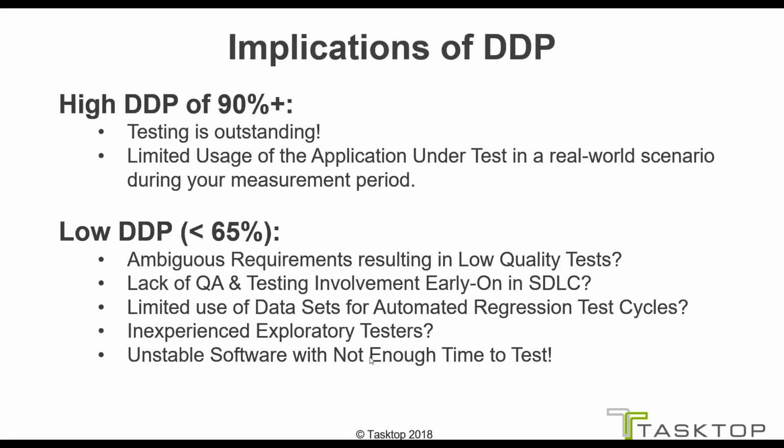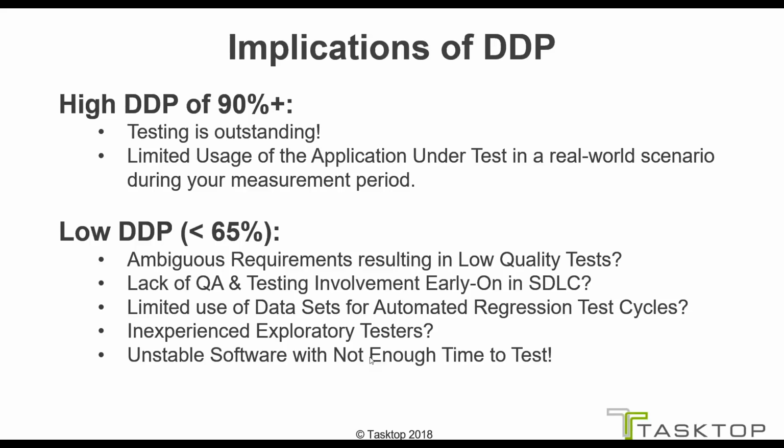Or perhaps there was a limited use of data sets for automated regression tests, or maybe our testers were inexperienced, or maybe there wasn't enough exploratory testing, or maybe there wasn't enough time to test. So there's all these different things that you have to think about when you're monitoring and evaluating DDP. The value comes from monitoring it over the course of time, because you can identify trends, you can identify movements and patterns.